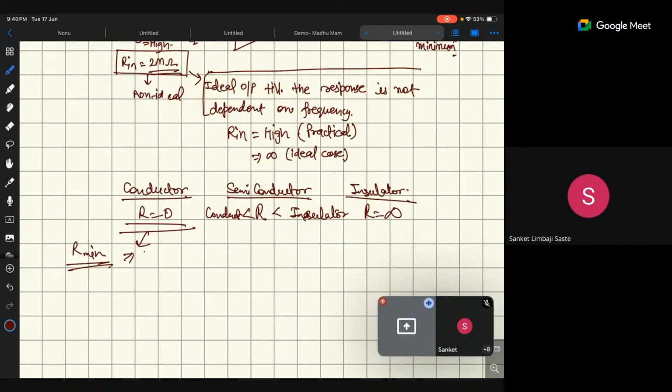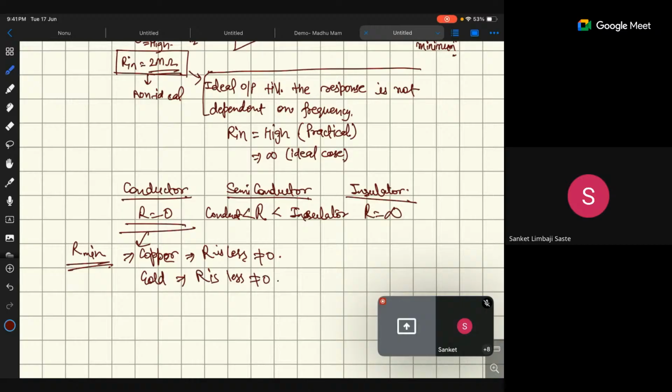For example, if we are using copper, the R is less, but not 0. If we go to better conductors, we can use gold. Again, R is less, but not equal to 0.